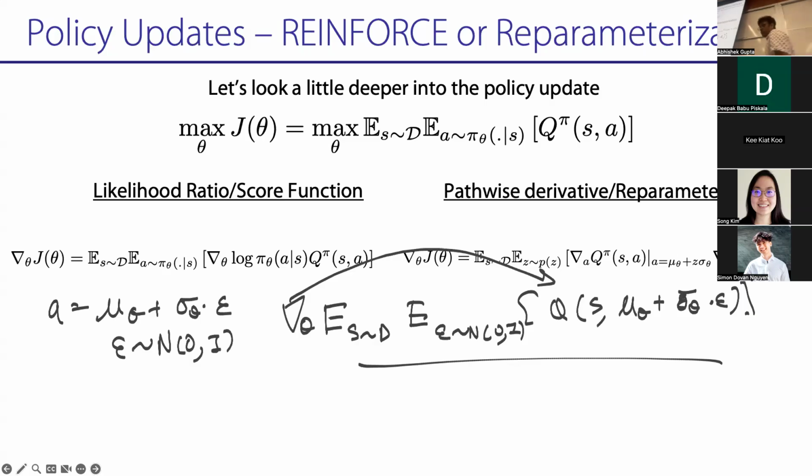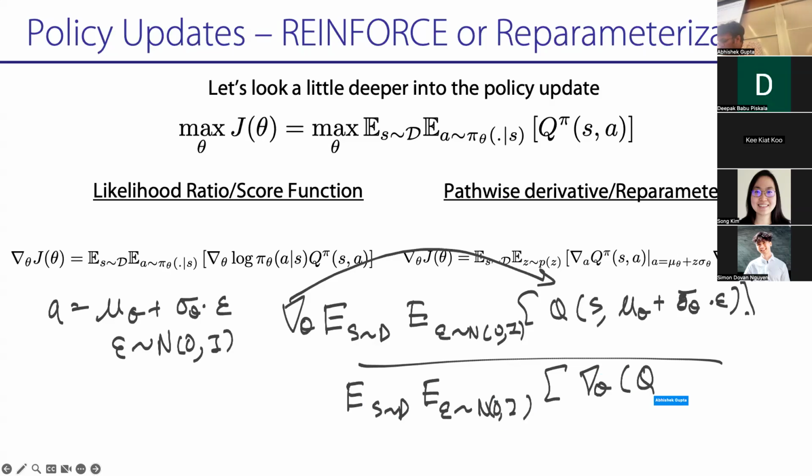And so the gradient of this thing looks like: S coming from D, epsilon coming from the unit Gaussian, and then grad theta of Q of S, mu theta plus sigma theta times epsilon. What we've done here is separate out the deterministic and stochastic parts.